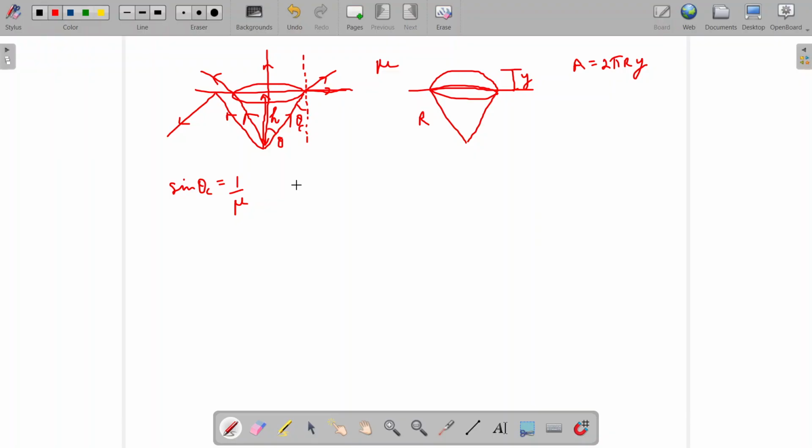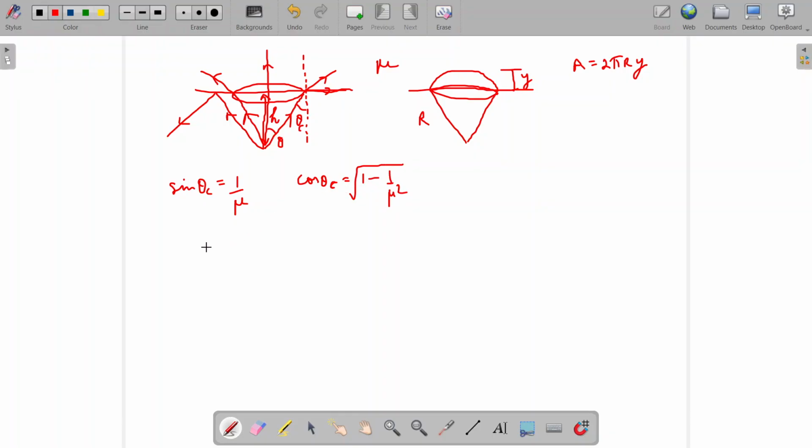Now from this we want to find what is cos theta. So cos theta of the critical angle is equal to square root of 1 minus 1 upon mu square.